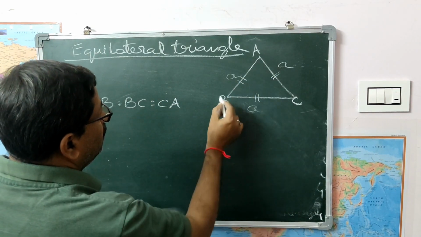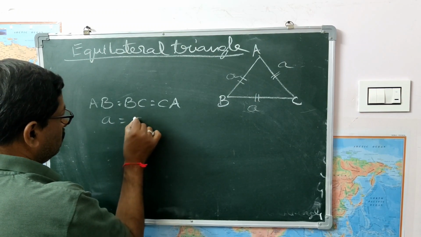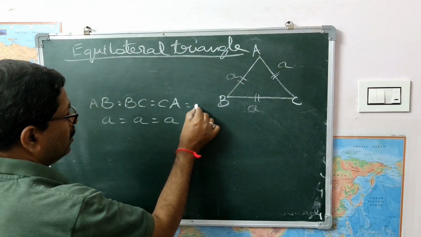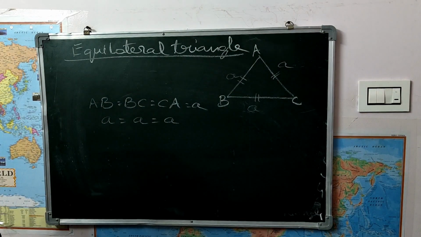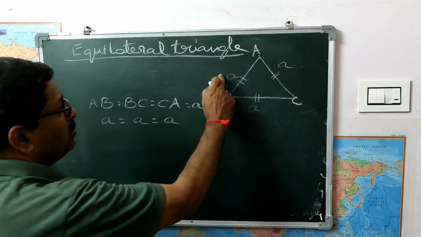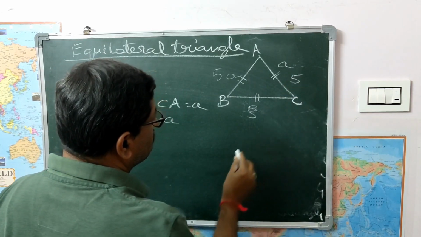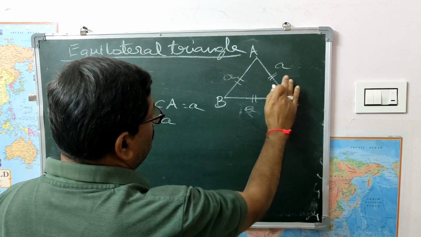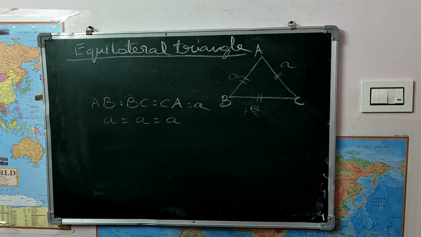All are equal to A. That means all three sides are equal. This triangle is called an equilateral triangle. For example, if this is 5 centimeters, this is 5 centimeters, this is 5 centimeters, all three sides measure the same, then it is called an equilateral triangle.